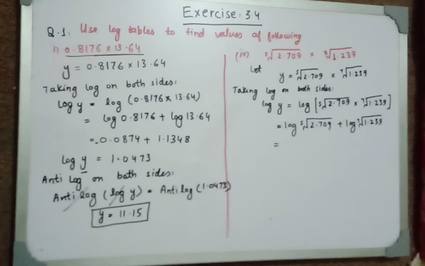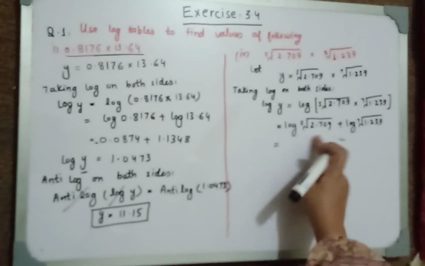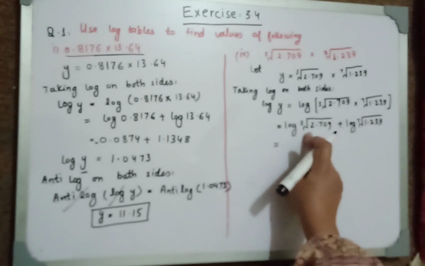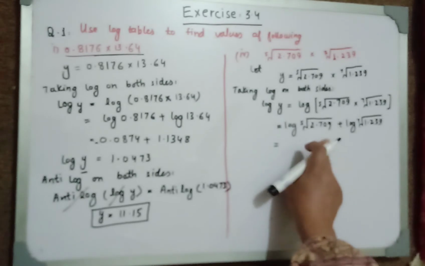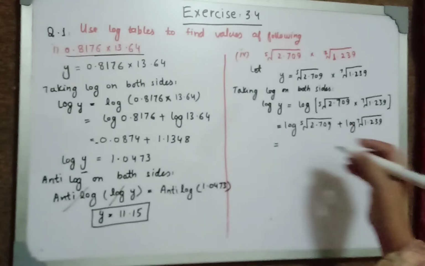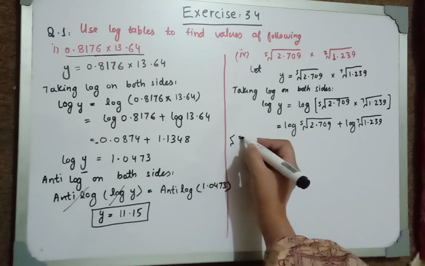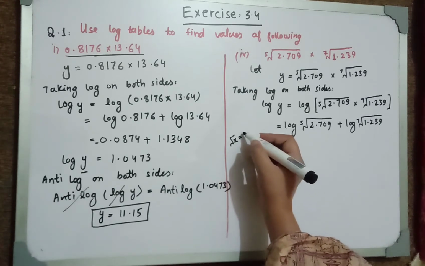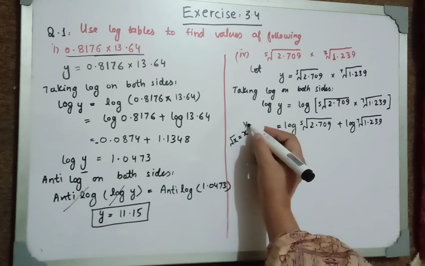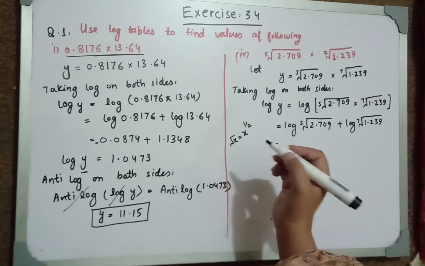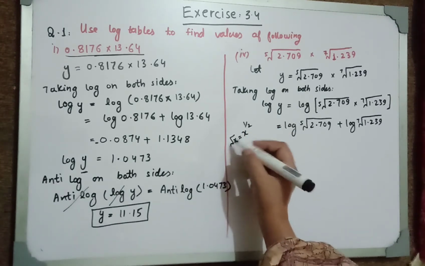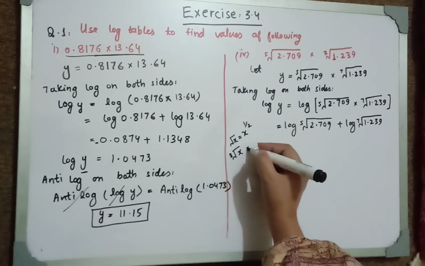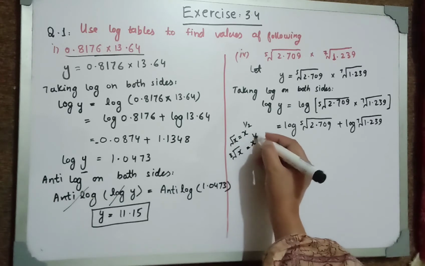Now the next step is that I'm gonna write these numbers in the form of power, because these are in the form of radical. And we know that if we have square root of x, and I write it in the form of power, it is x raised to the power 1 over 2. But if you have, let's say 3 here, then the power of x will be 1 over 3.